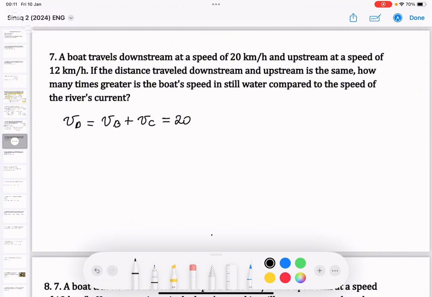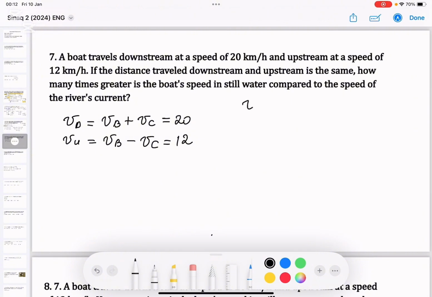Then we have speed of the boat traveling upstream. It's going to be speed of the boat minus speed of the current, and it's equal to 12 kilometers per hour. If the distance traveled downstream and upstream is the same, how many times greater is the boat's speed in still water compared to the speed of the river's current?